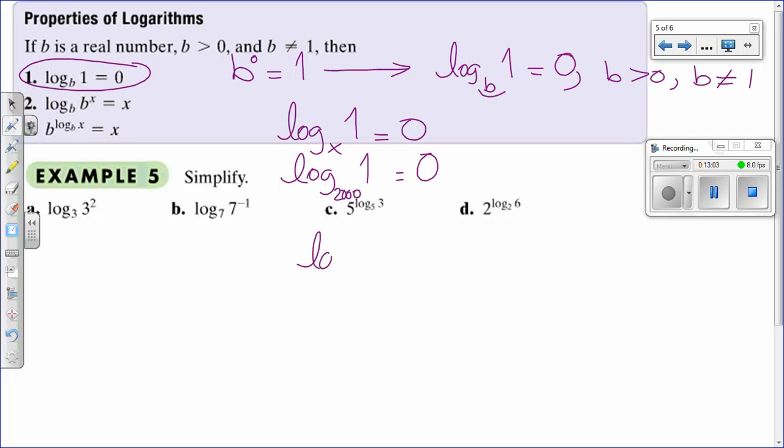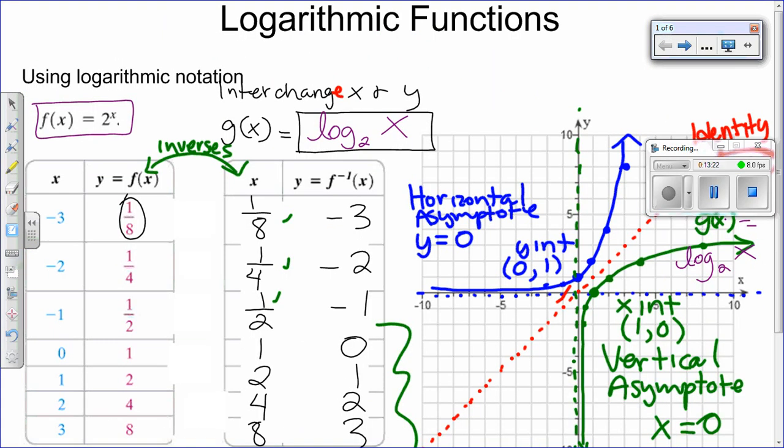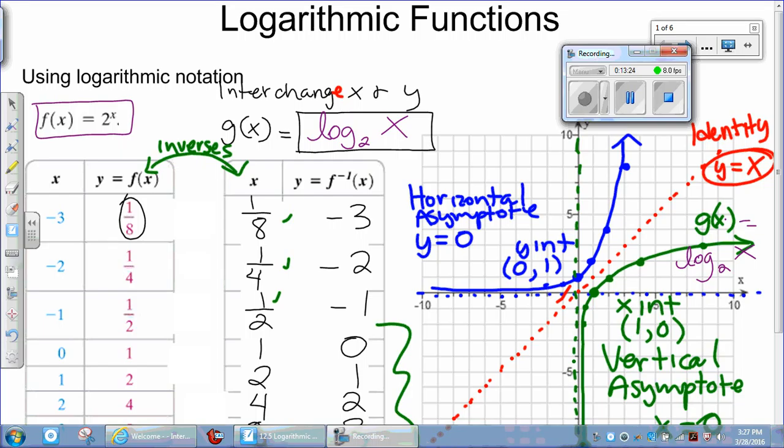Could we take the log of 0? Actually, no. So you can only take the log of positive numbers. Let me remind you why. You guys remember the graph?